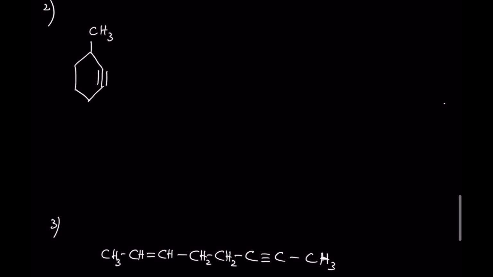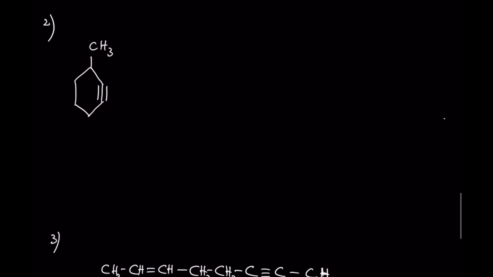Okay, let's move to the second structure. We have a cycle here, and the cycle contains 6 carbons. So this is going to serve as a parent name, and it is cyclohexyne due to the -yne suffix. Of course, the triple bond contains the lowest possible number, at the first position.